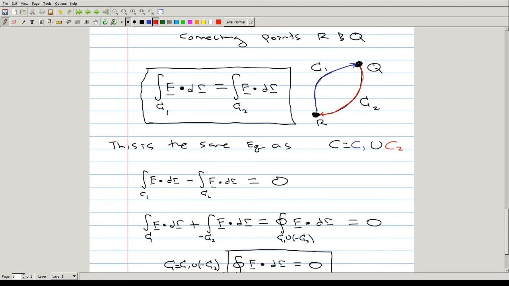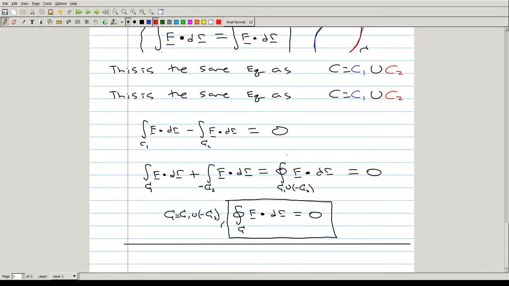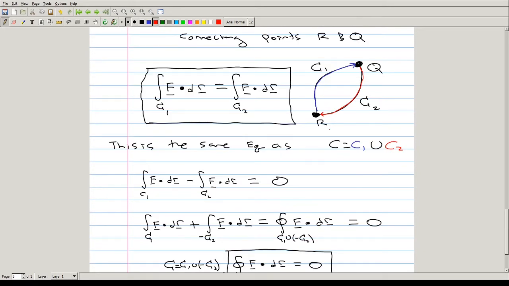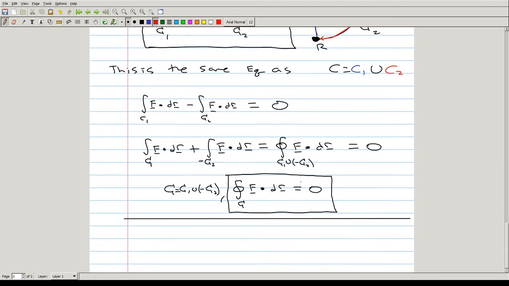So if a line integral is path independent, then for any two paths, the line integral has to be 0 over the closed curve that you get by forming the union of those two paths.